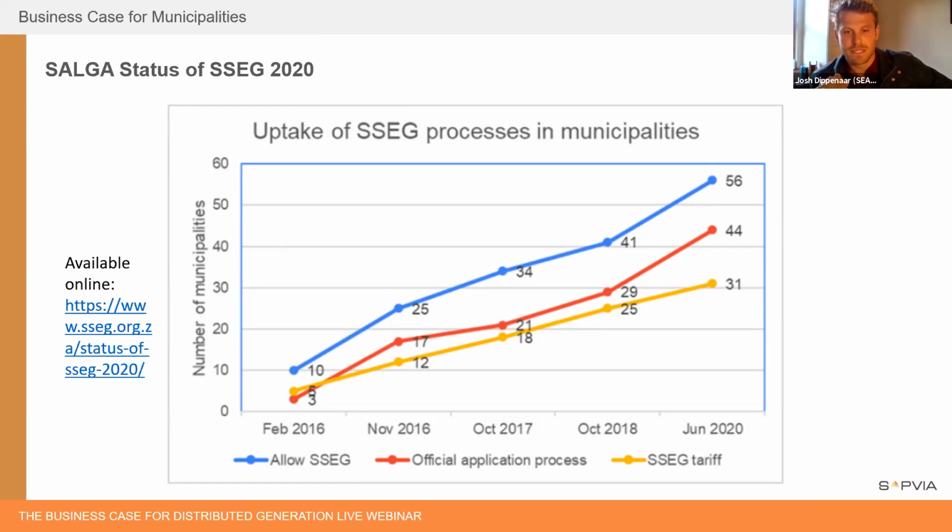And then of those 56 municipalities, 44 of them have an official application process. So you can get in touch with the municipality, they'll send you the application forms and you can connect, or at least go through the process of connecting solar to the grid. And of those 44, 31 municipalities have an SSEG tariff in place. What we consider an SSEG tariff is where the municipality credits the customers for feeding back into the grid.